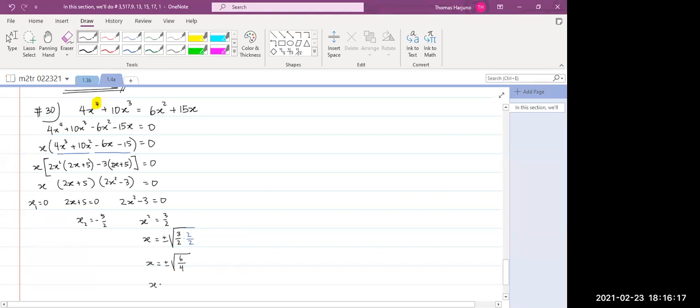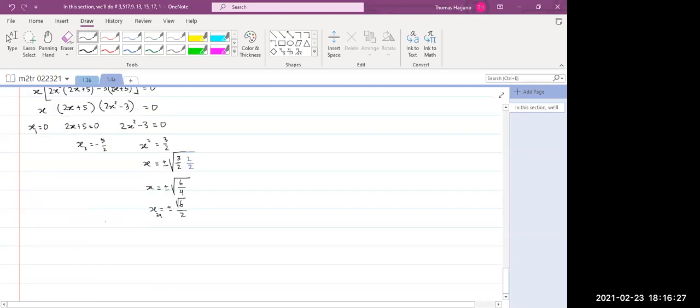So x equals plus minus radical 6 over 2. That's my x3 and x4. Okay, so x3 is radical 6 over 2. x4 is negative radical 6 over 2. Now, this is for number 30.